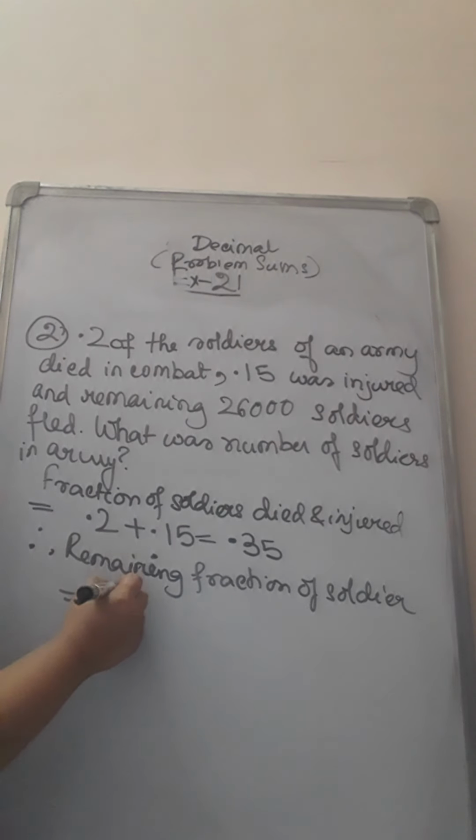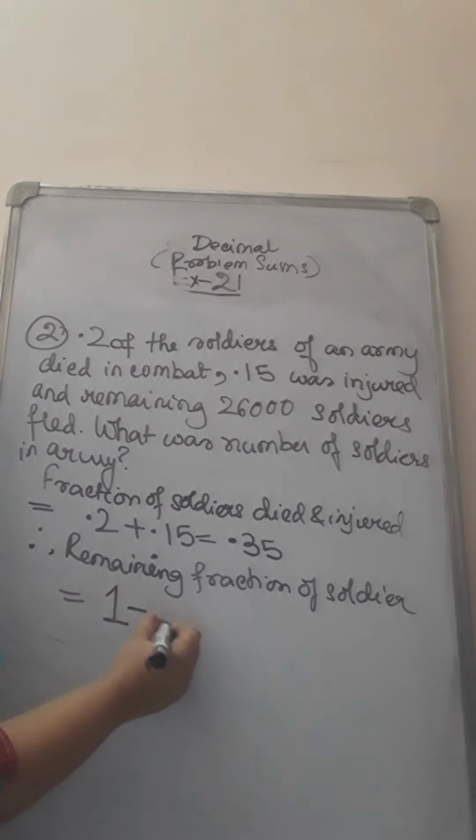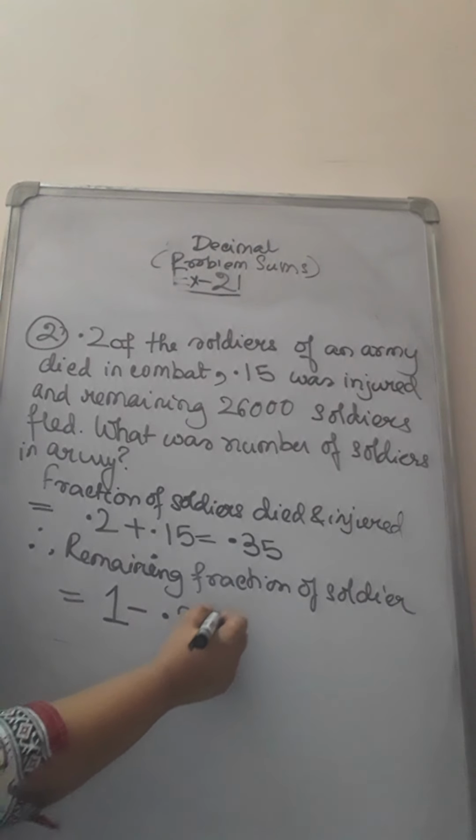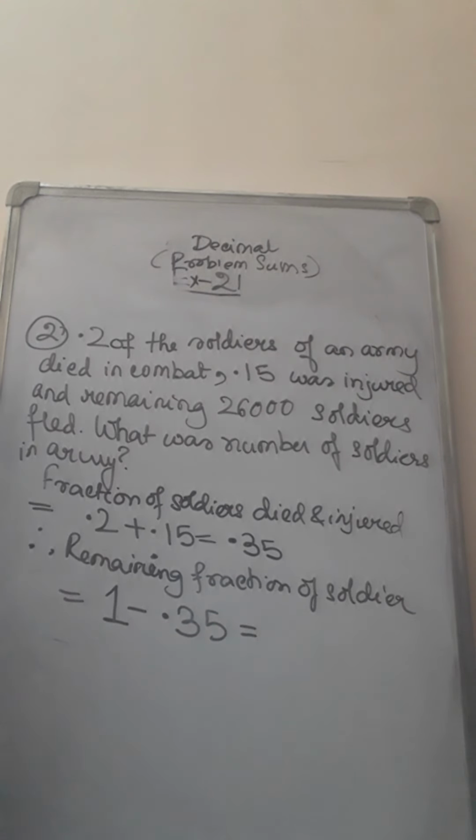So from that I have to subtract 0.35, then I will get the remaining soldiers. So 1 means it's a pure number, there are no places after the decimal point, and here the number starts only after the decimal point. So now you equalize it and then subtract.